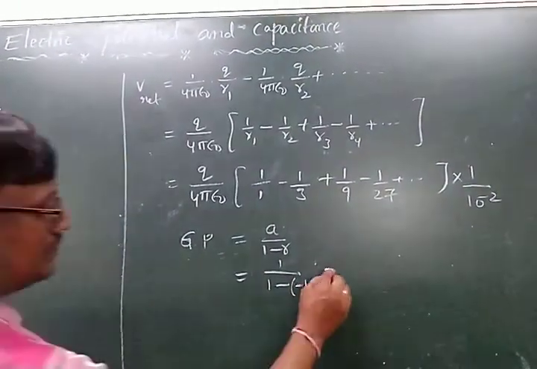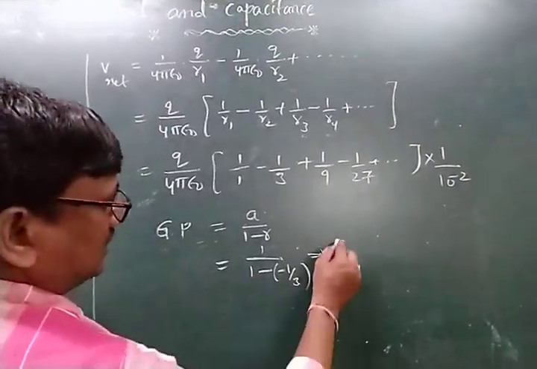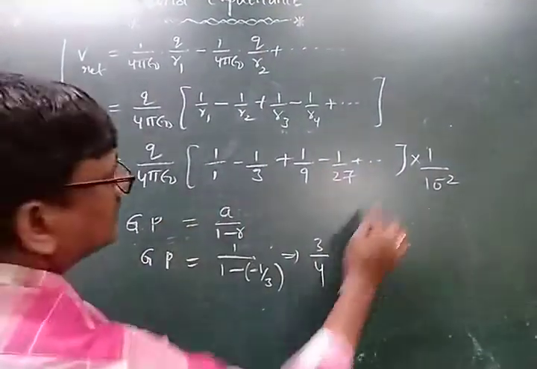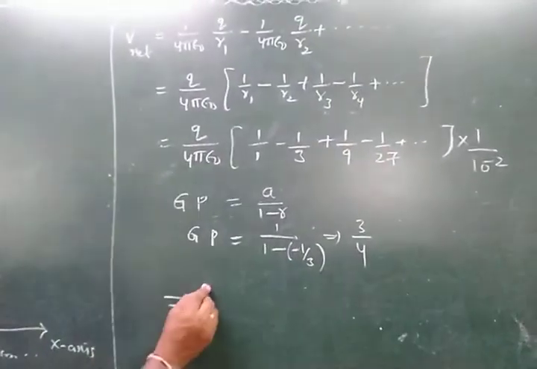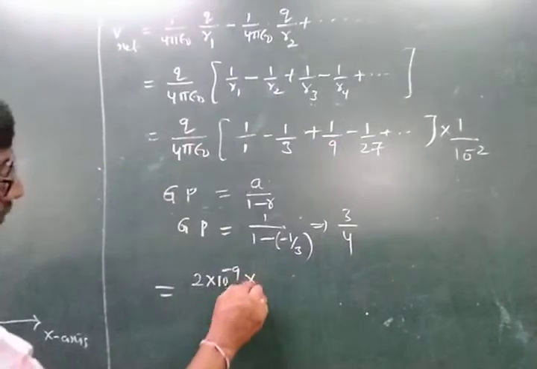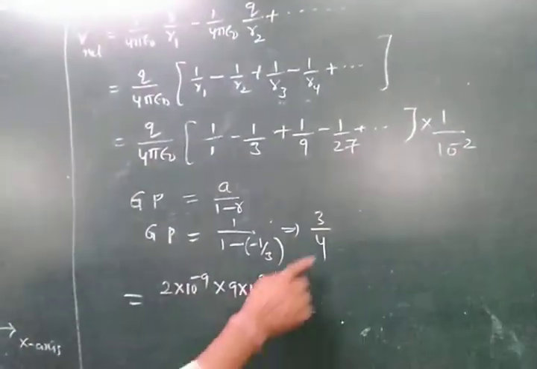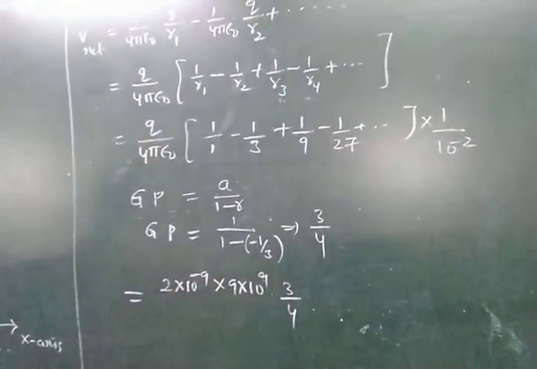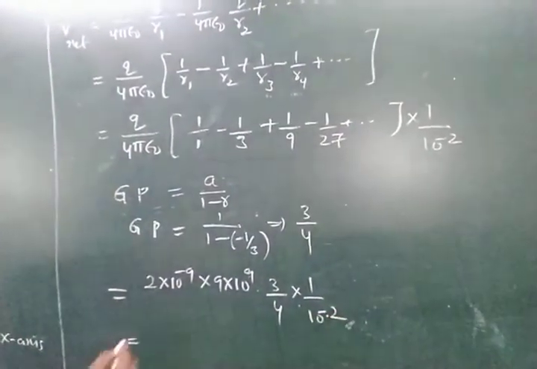Minus into minus gives plus, so we write 4 by 3, that is, 3 by 4 is the sum of this progression. Here Q is 2 into 10 power of minus 9, into 1 by 4 pi epsilon, 9 into 10 power of 9, into 3 by 4, into 1 by 10 power of minus 2.